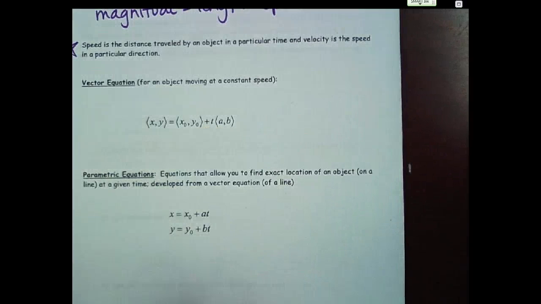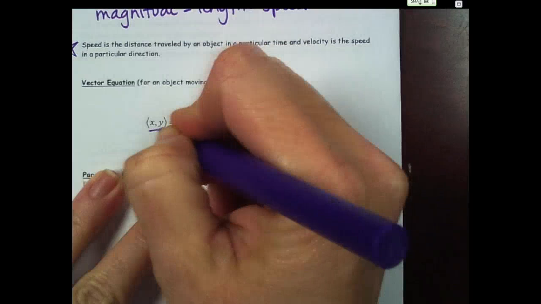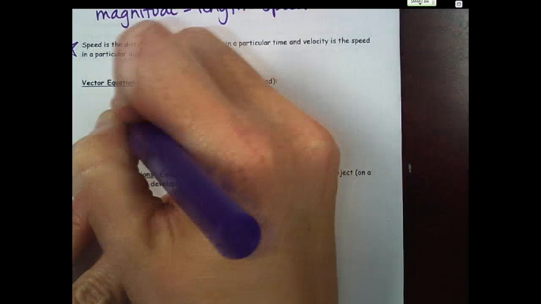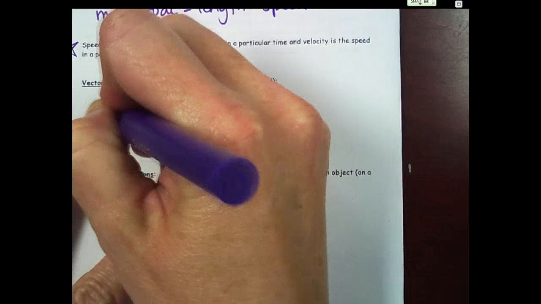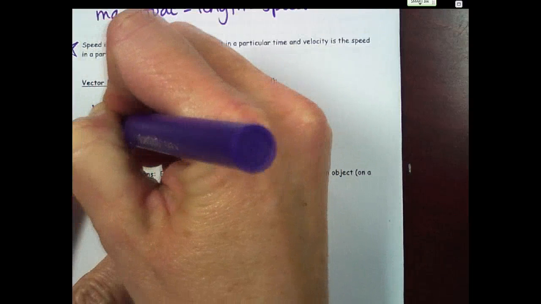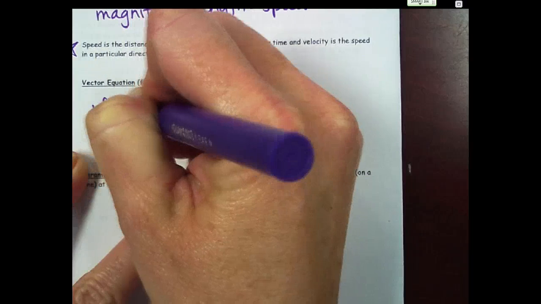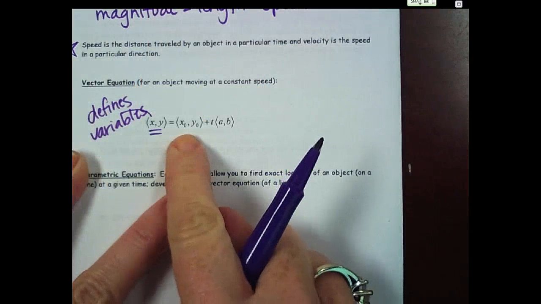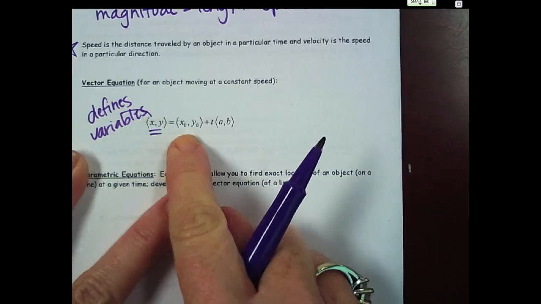So let me explain the parts of it. This x, y right here at the beginning just defines your variables. We're going to be talking about x and y location: where am I on the x-axis and where am I on the y? Then what do you think x0 and y0 mean? What would a 0 mean if you're talking about a boat or an airplane?